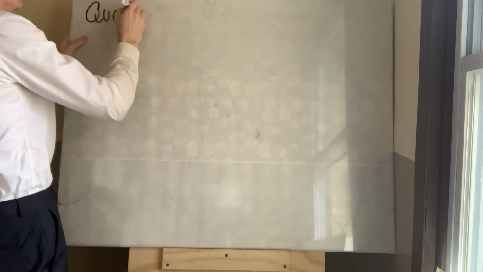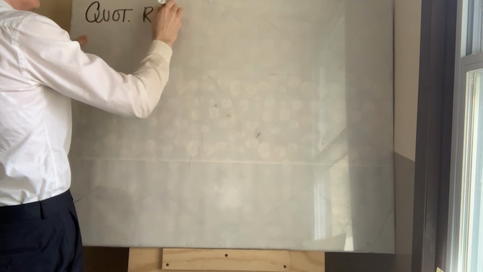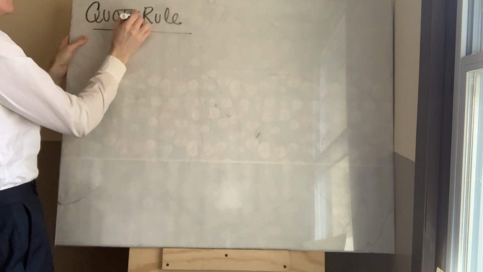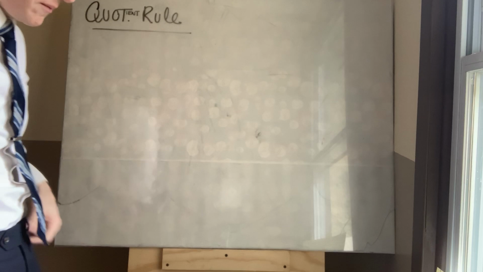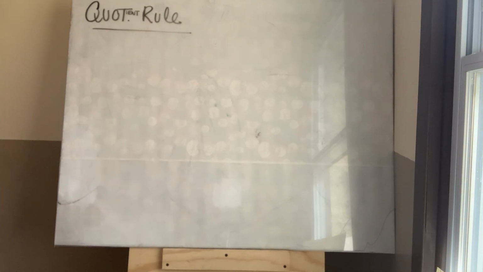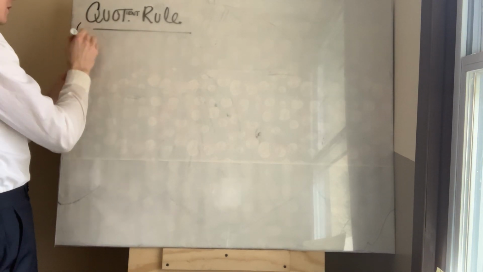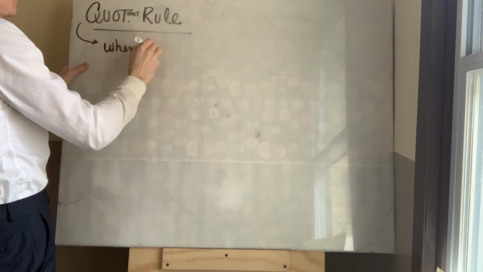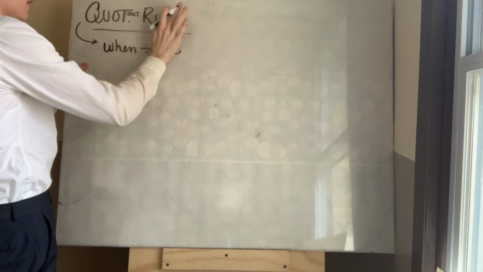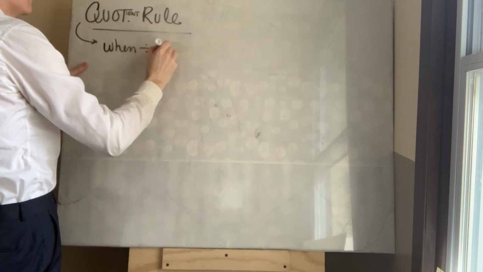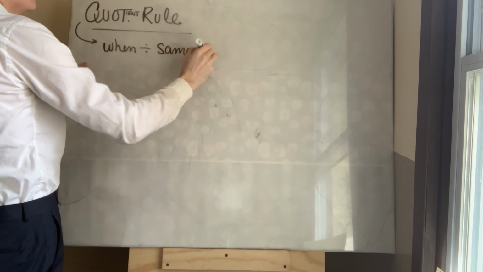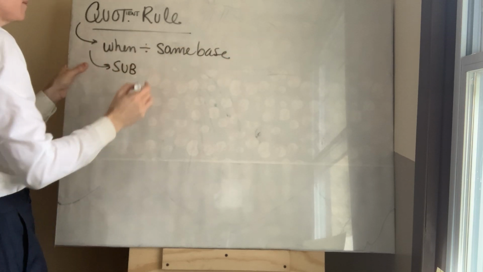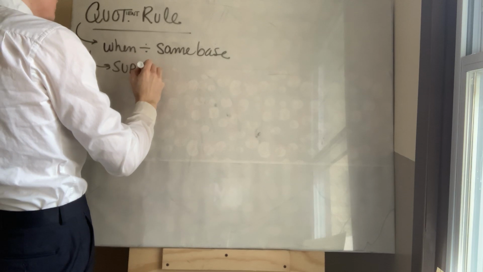The quotient rule, quotient, is a situation in which when dividing like bases, or the same bases, same difference, you instead subtract the exponents.